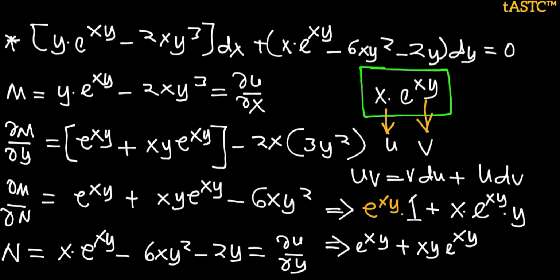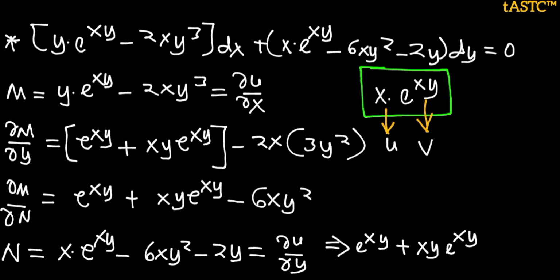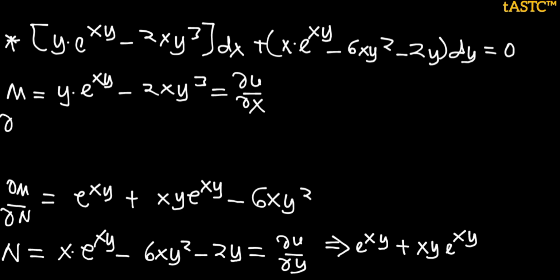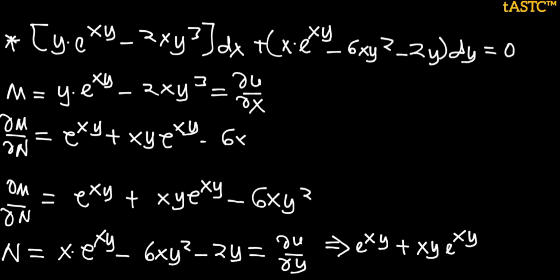Now that is for the first part. So I need to take this and rewrite it. So we got this. I think I'm going to take these out also. So this is what we have. We have the first part to be that. And I think I need to wipe these out. Well, so this is going to be e to the xy minus a 6xy squared.